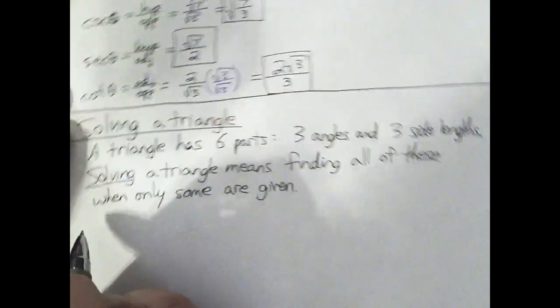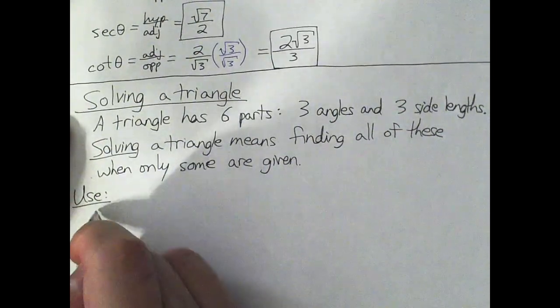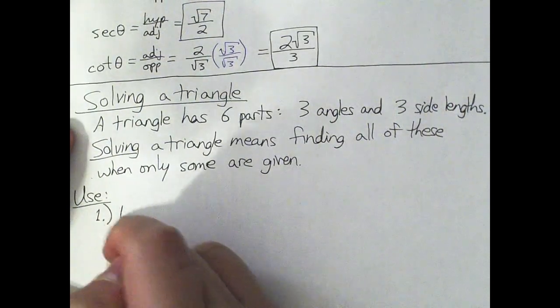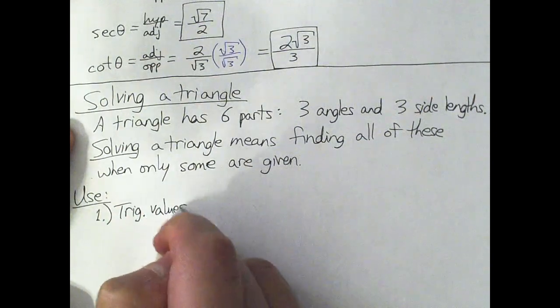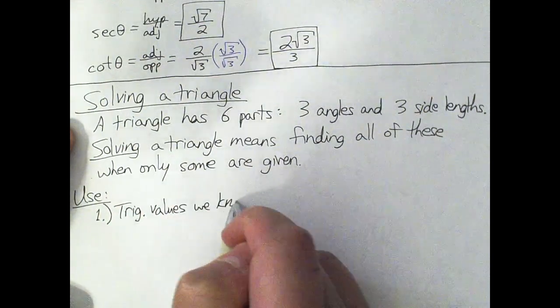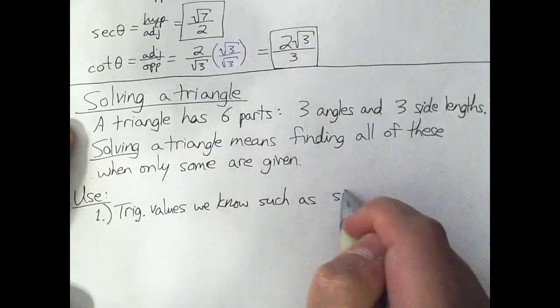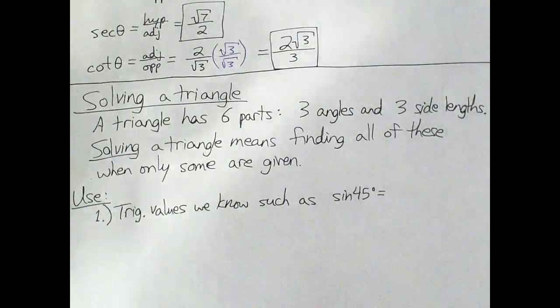There are a few things that we can use to solve a triangle. I'm going to tell you 3 things we could use for now. We can use trig values we know, such as sine of 45 degrees. Do we know what sine of 45 degrees is, by the way?